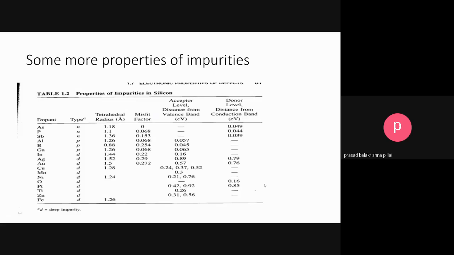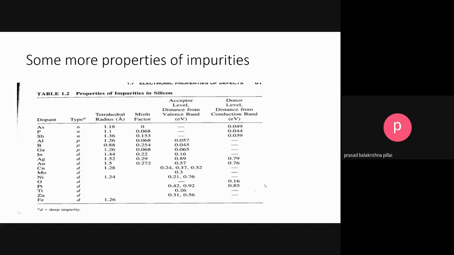Now, I told you in the beginning that there is no interaction between the impurities actually. So we have shown the impurity levels by discrete or dotted lines. Now, one may ask, suppose you go on adding impurities, and of course, you know that you can go up to the solid solubility limit only.